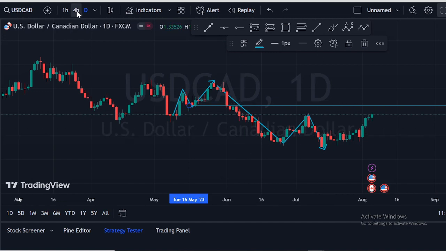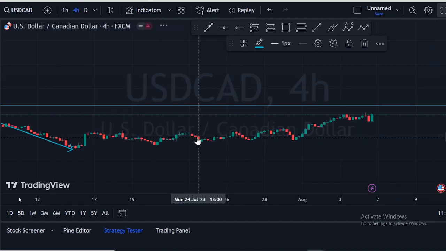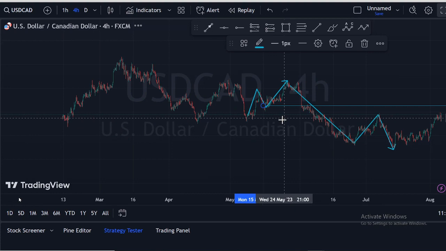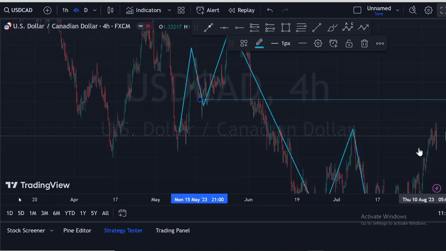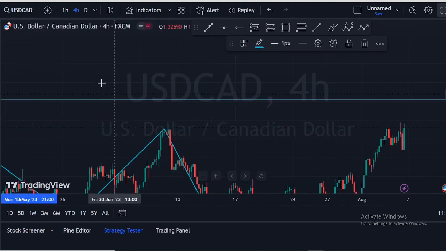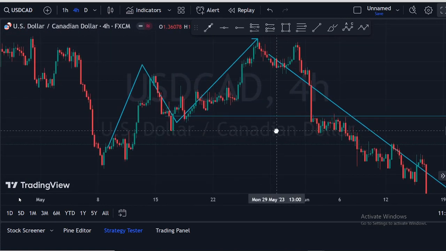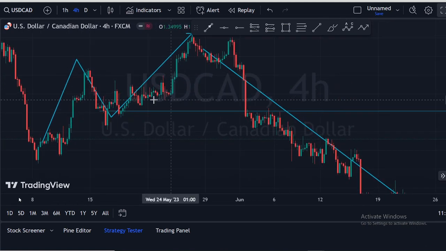Okay, if we were to look at that on a 4-hour chart, you can just pull that back to a 4-hour chart. So this is what we are looking at. This is our lowest point, and then we pull up to the last highest point, and then we start going down. So when we start going down, we say this is our area of interest.